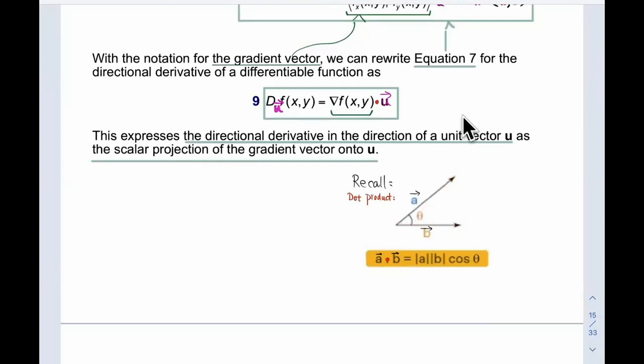The magnitude of a times cosine theta is the length of the shadow of a. So when you dot this, that is the scalar projection of this gradient vector onto u.